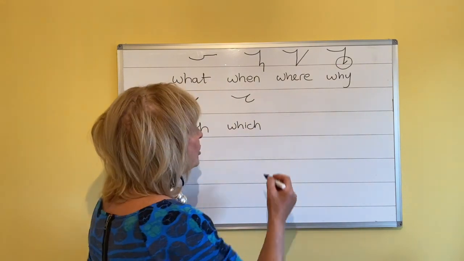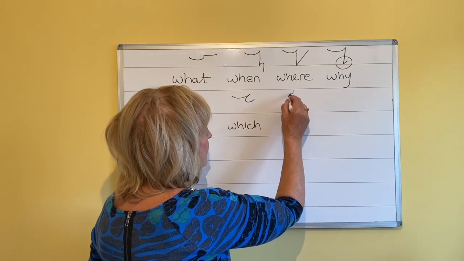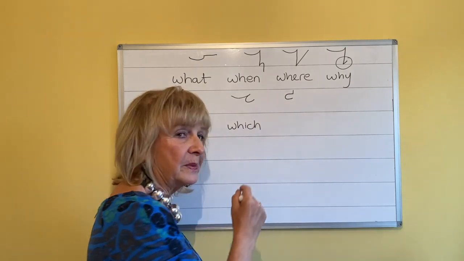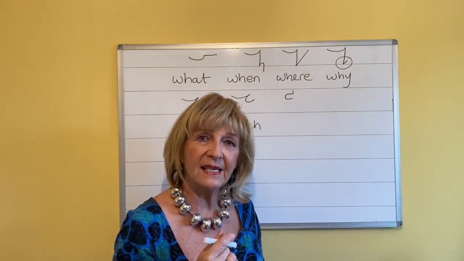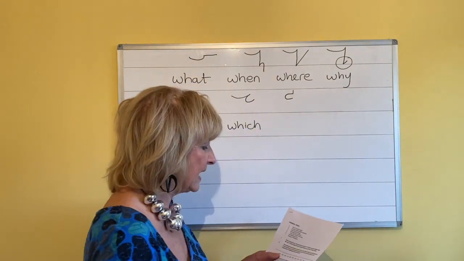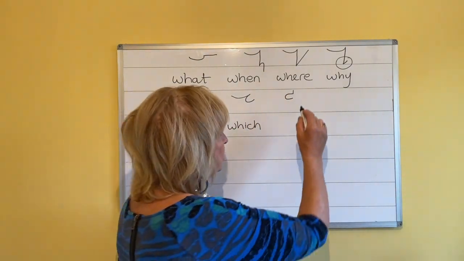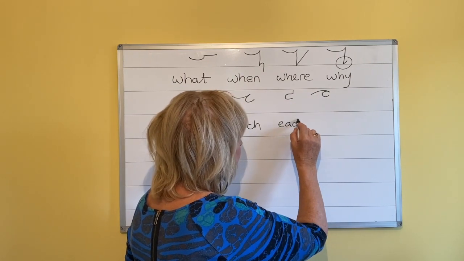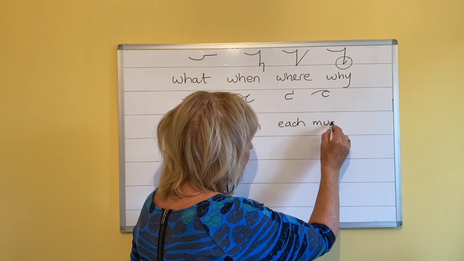Next is each. So E indicator and C. No H. If there were an H, it would be sitting on the line, and that's why, again, it's high and dry on the T line, but it's like a special outline, each. Much is the same, M and C. So there's each, and here's much.